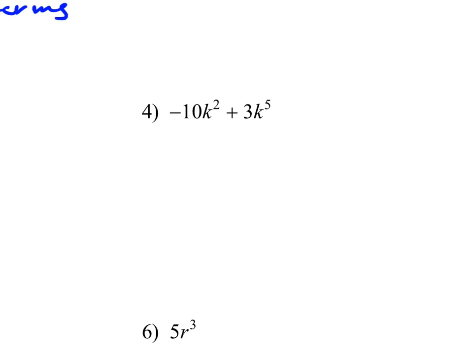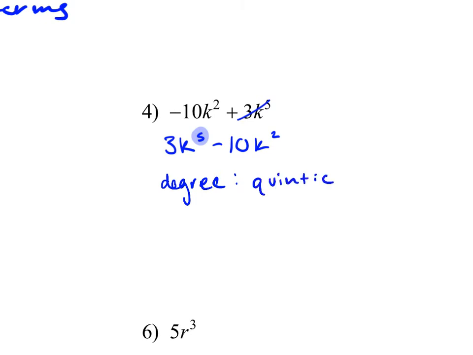Number 4. How do we put this in standard form? What has to come first? 3k to the 5th power, and then minus 10k squared. So looking at our highest degree, how would we classify this by degree? Awesome. Quintic. And since there's 2 terms, it would be a binomial.